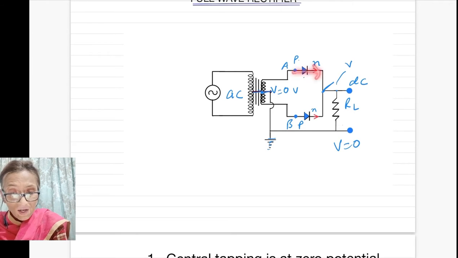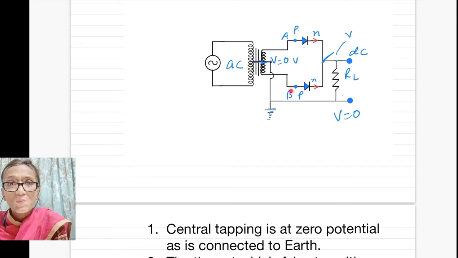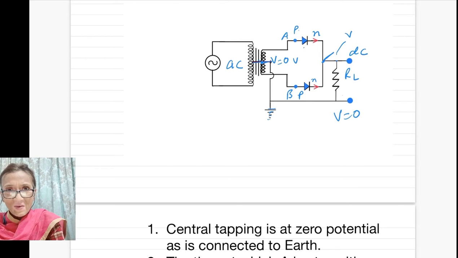But at the same time, B is at negative potential, so it will be reverse biased. Negative is connected to the P side, and in reverse biasing, as we saw, the current is negligible, 0. So for that time, current is flowing through A, and current is not flowing through B.